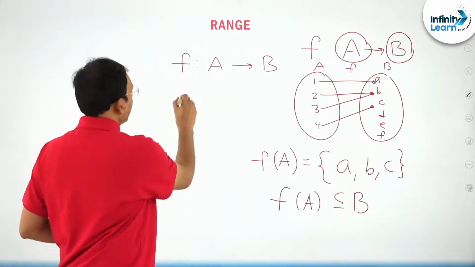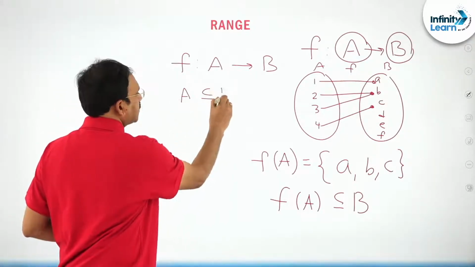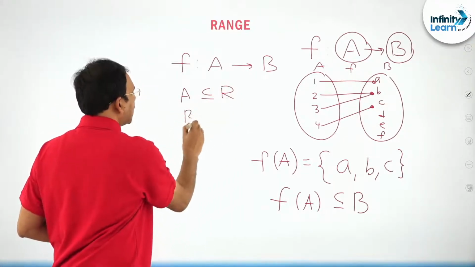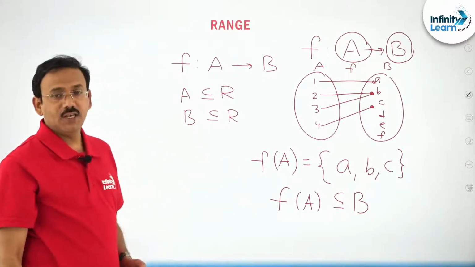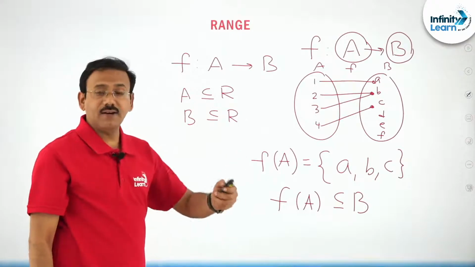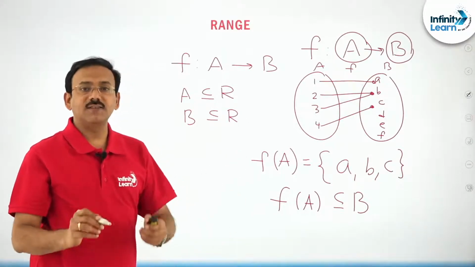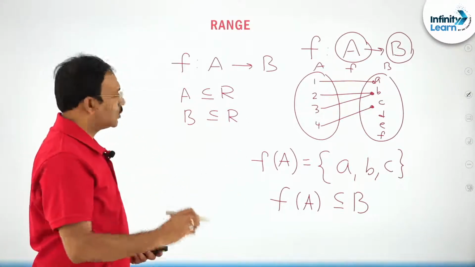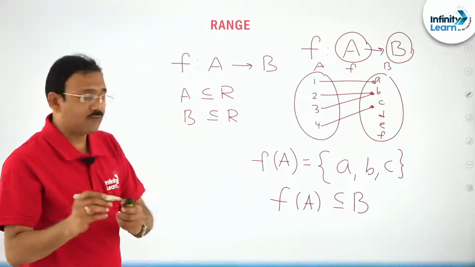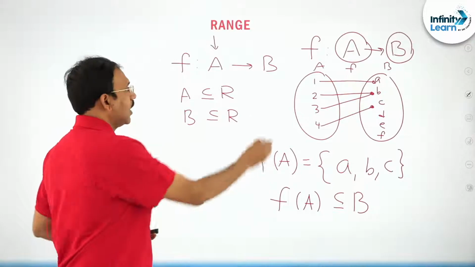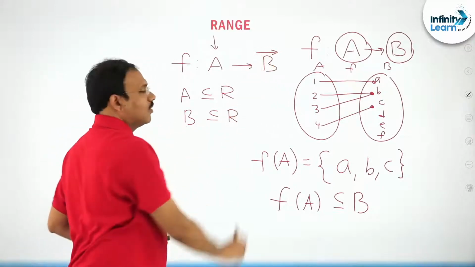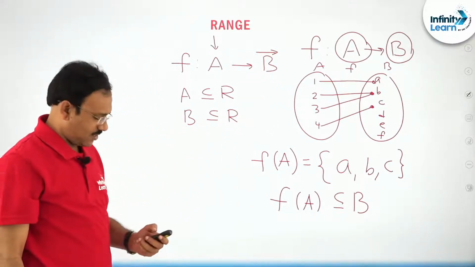If we take the function such that A is a subset of R as well as B a subset of R, we call such a function a real variable and real valued function, or simply a real function. So a real function is a function whose inputs are real numbers, and outputs are also real numbers, right?